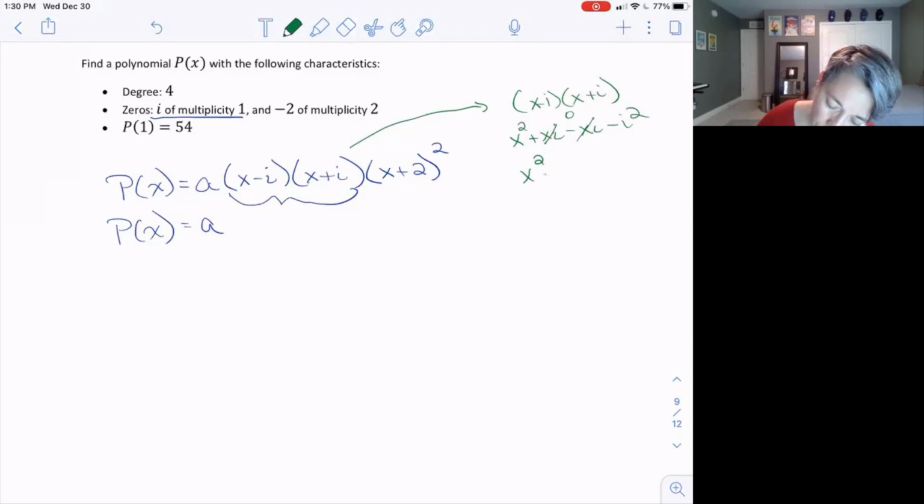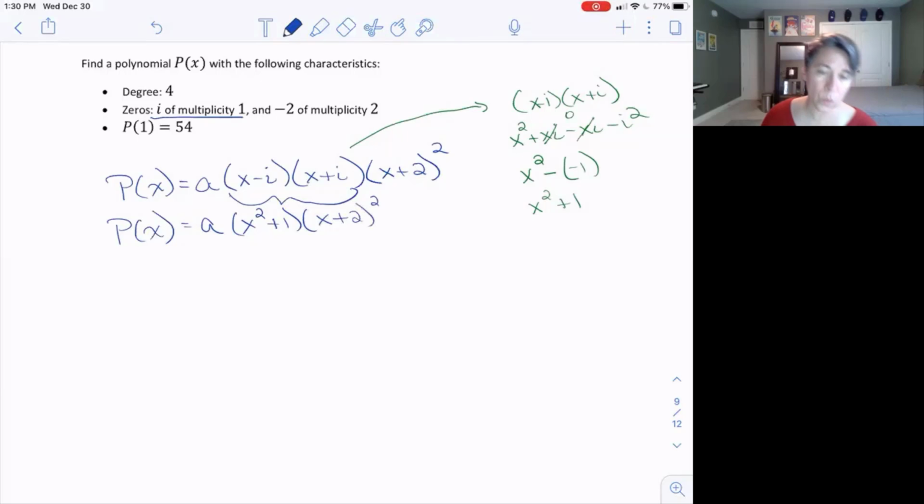And we get x squared minus, remember, i squared is the same thing as -1. So this gives us an x squared plus 1. So we'll put that back here, x squared plus 1 times x plus 2 quantity squared.